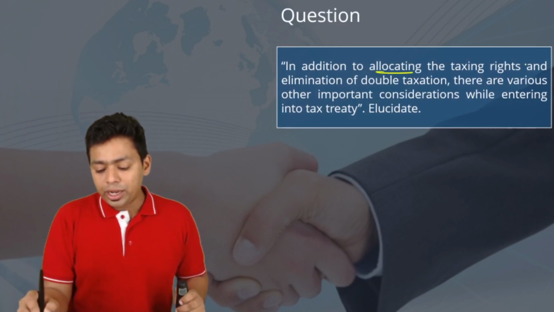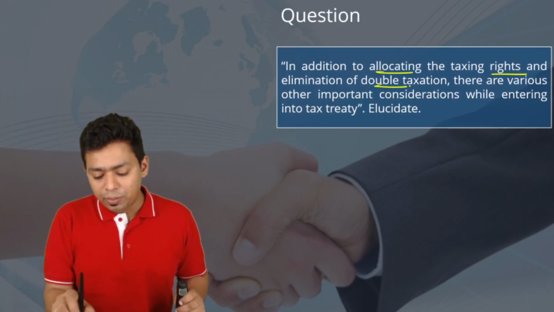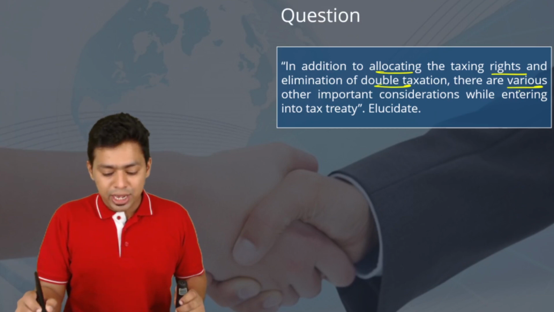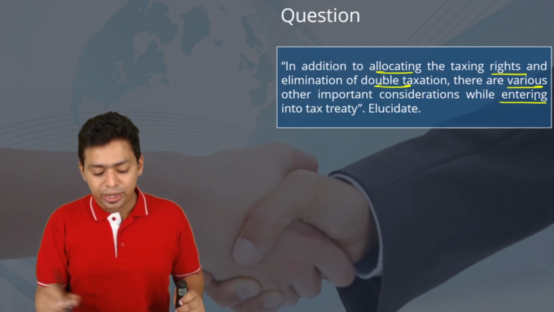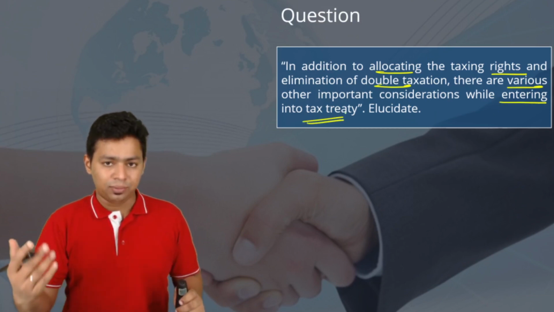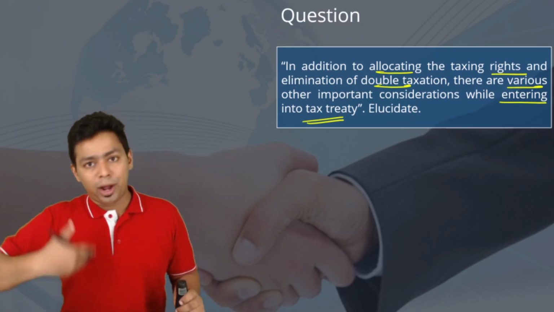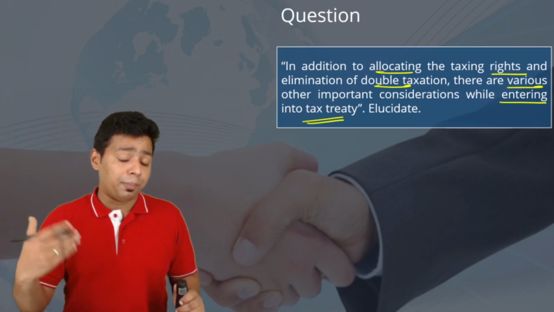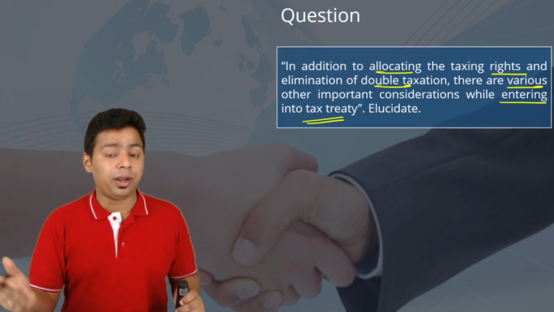In addition to allocating the taxing right and eliminating the double taxation, there are various other important considerations while entering into a tax treaty. So they are asking the other significance apart from double taxation avoidance. The DTAA is significant for what?